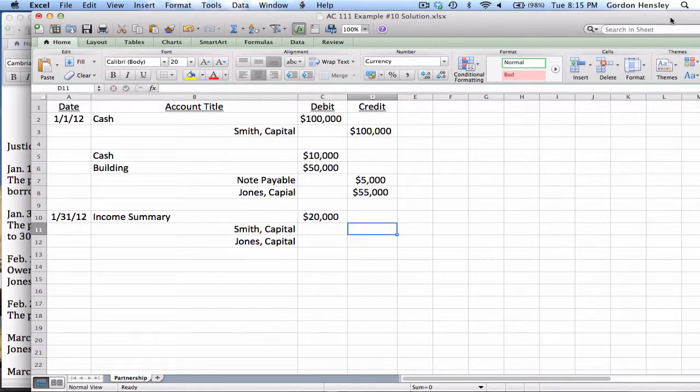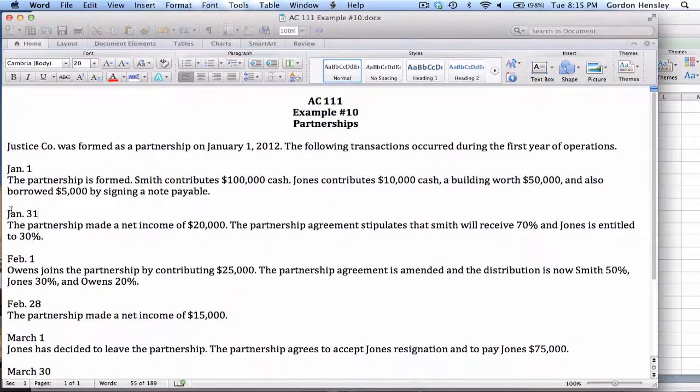But I've got to split that up on the credit side between the two partners. So that's going to be based on 70-30. So 20,000 times 0.7 means that Smith, their share of 70%, that's 14,000. So that means that the remaining 6,000 goes to Jones. So that's in accordance with the partnership agreement.